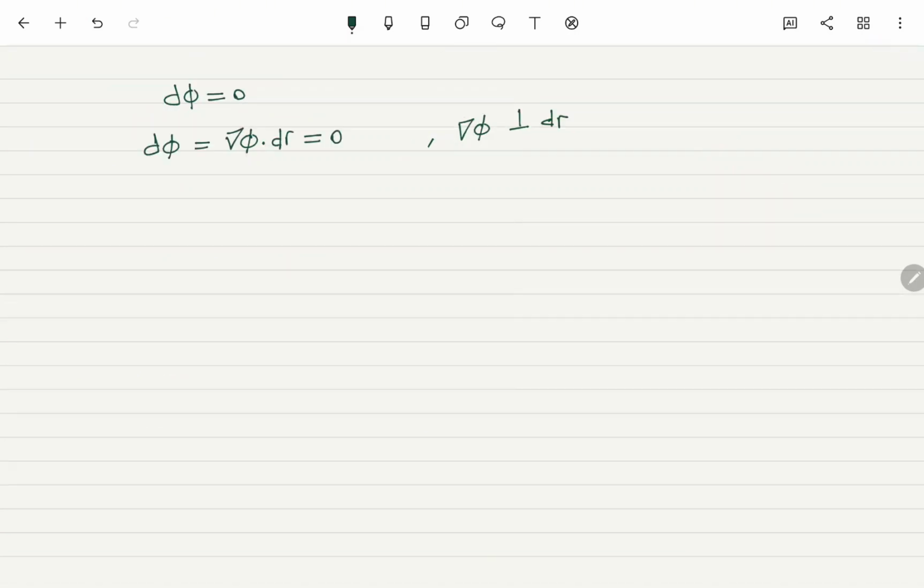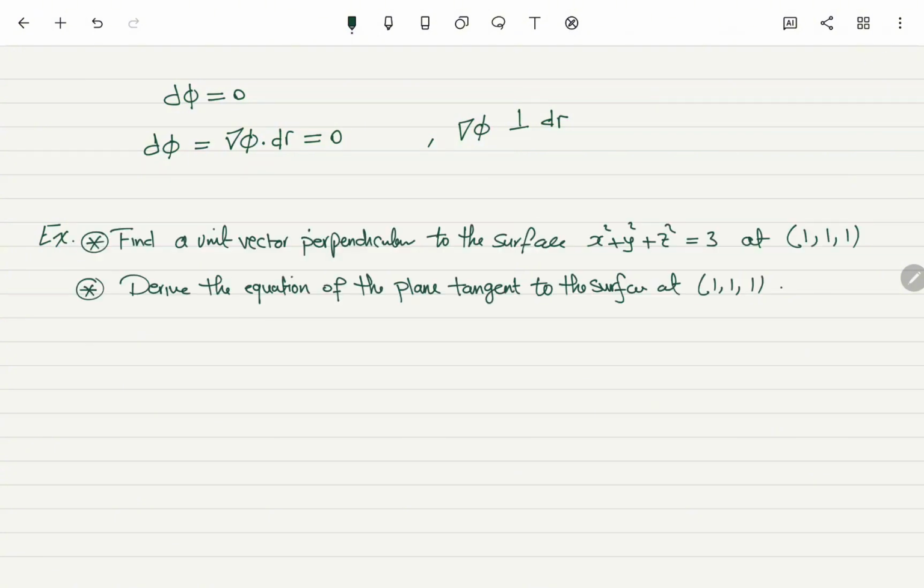Let's have an example. Find a unit vector perpendicular to the surface x squared plus y squared plus z squared equals 3 at the point (1, 1, 1), and derive the equation of the plane tangent to the surface at (1, 1, 1).